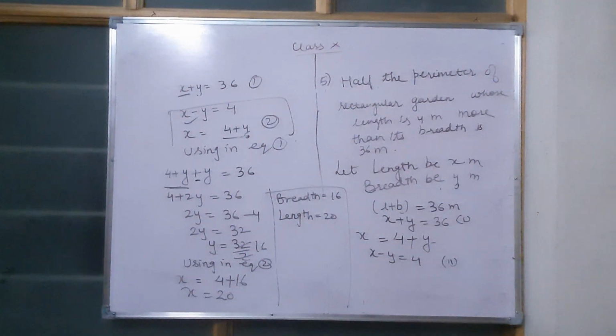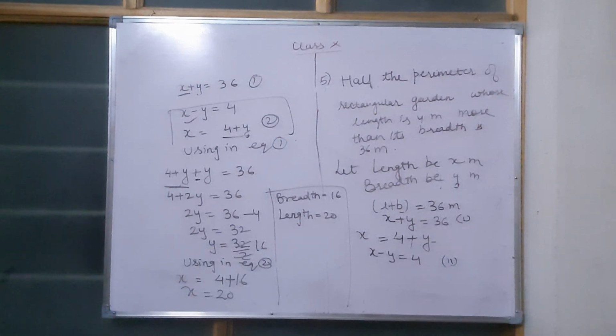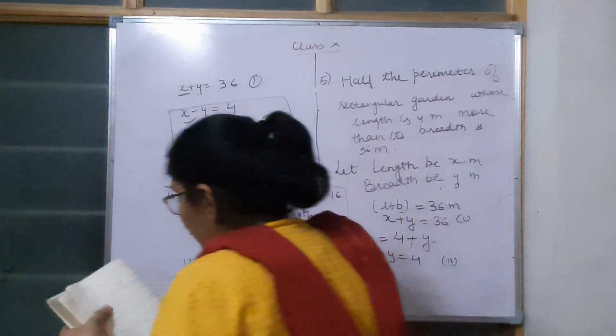Now next question we have: given the linear equation 2x plus 3y minus 8, write another linear equation.